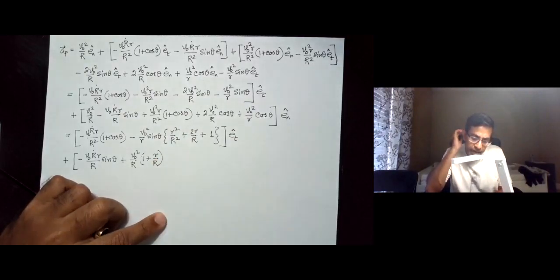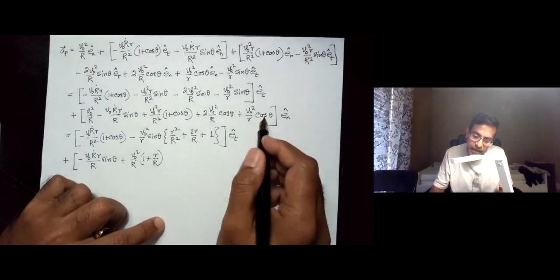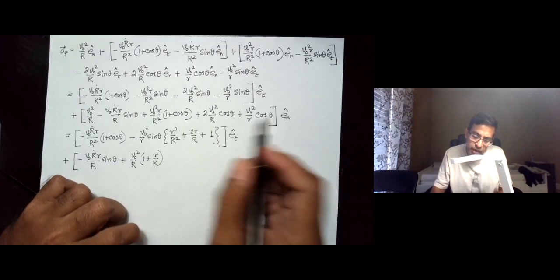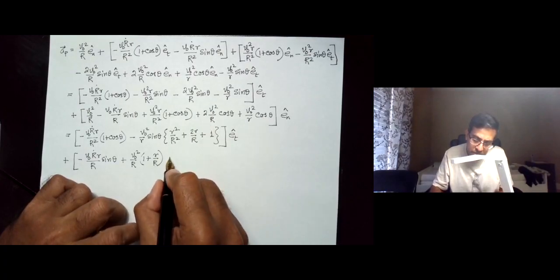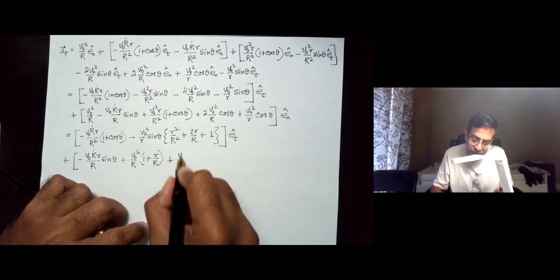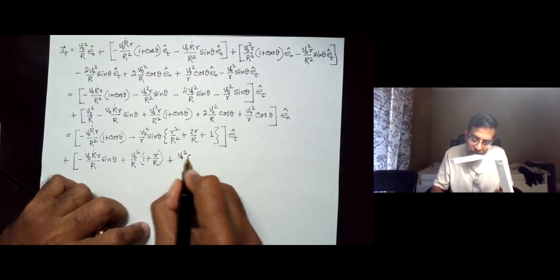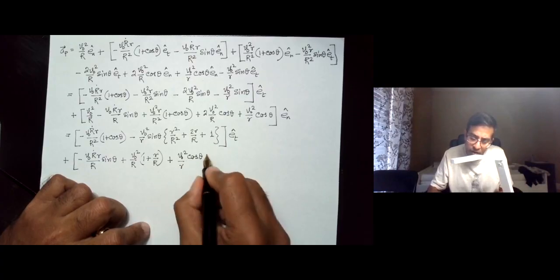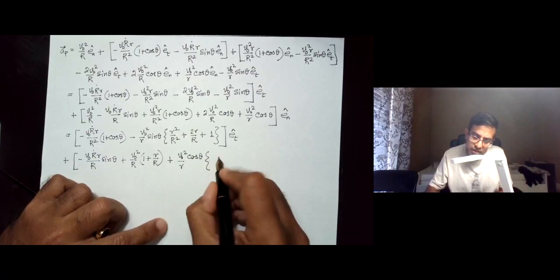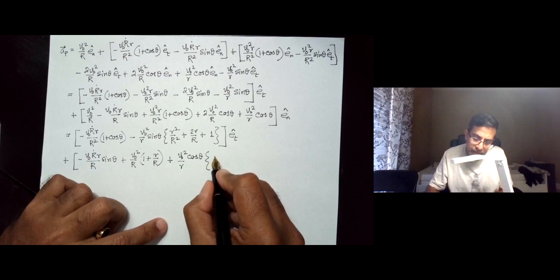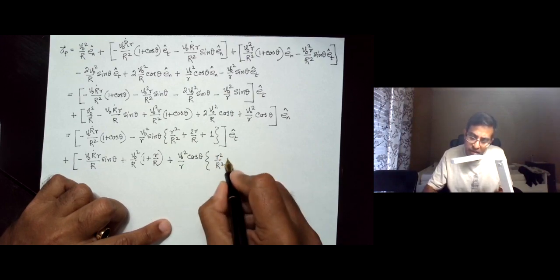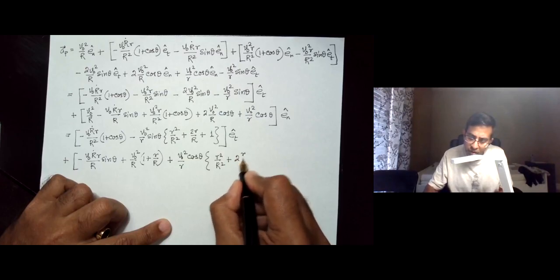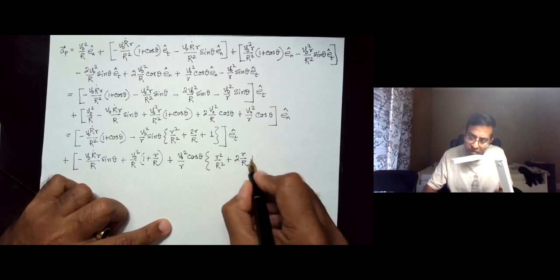And then you see we have all these three terms that have cosine theta, V0 squared, and so on. So I'm going to just then do V0 squared cosine theta divided by small r times small r squared over capital R squared plus 2 small r over capital R plus 1.